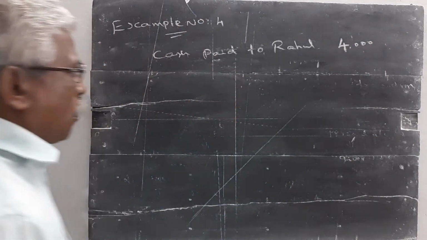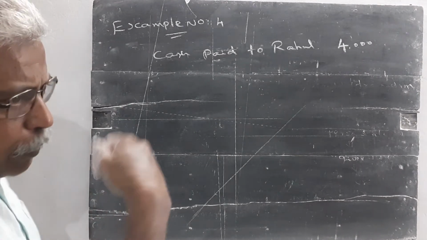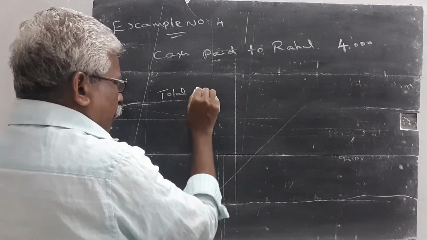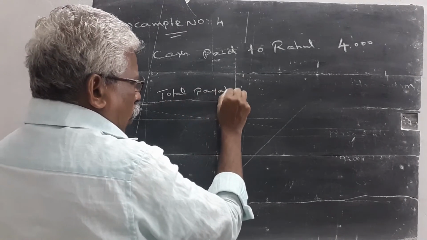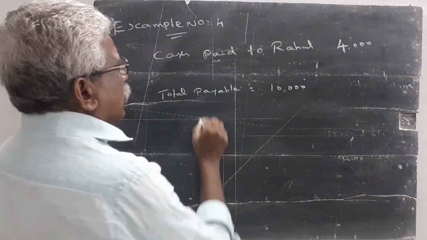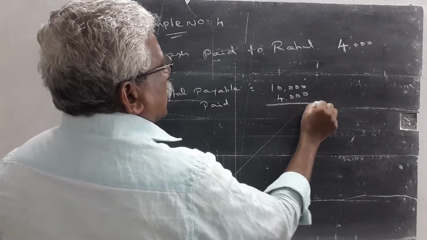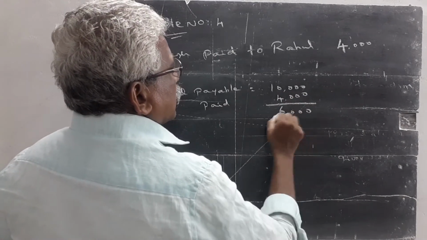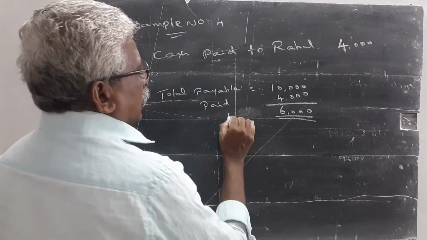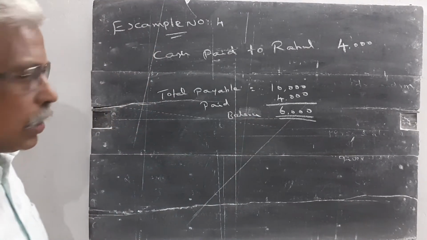Please listen here. Total amount payable, we just refer to the previous transaction. Total amount payable to Rahul is 10,000. Out of 10,000, now we paid only 4,000. The remaining 6,000 is considered as an outstanding amount. So this is a balance. The word outstanding we will study in the next class. The balance amount is 6,000.